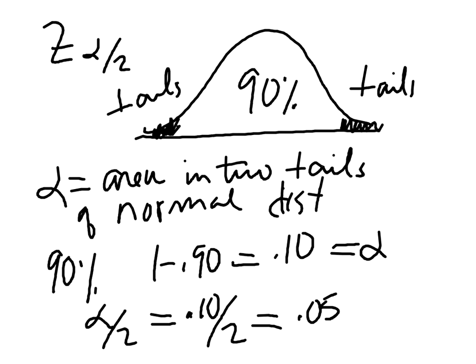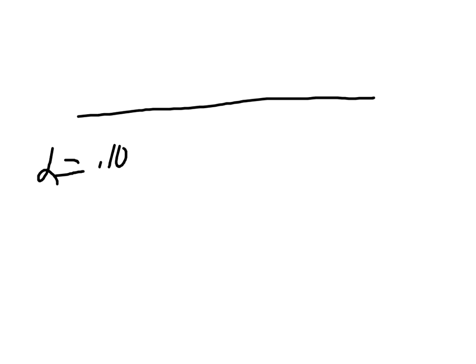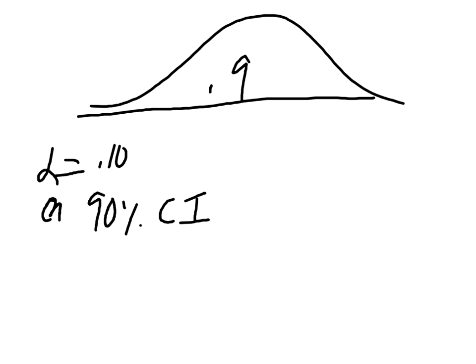And so what we would really end up with, and I'm going to keep doing this for all possible values, is when we say that alpha equals 0.10, that also means that we're dealing with the 90% confidence interval. In other words, this would be the area in which our sample means fall in, and then we've got another area here in the tails, and there's two tails.